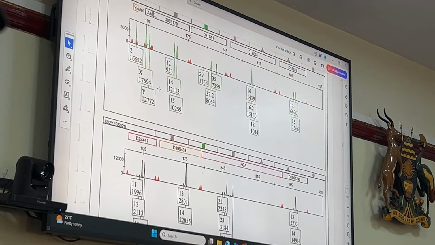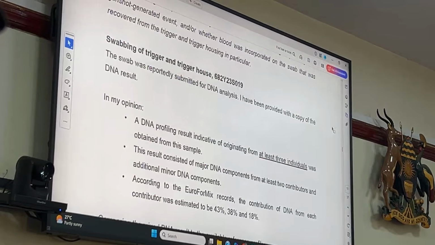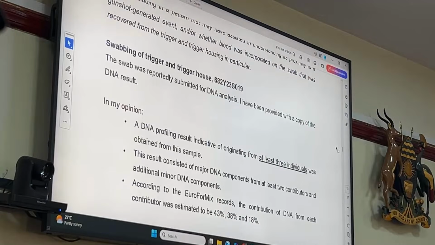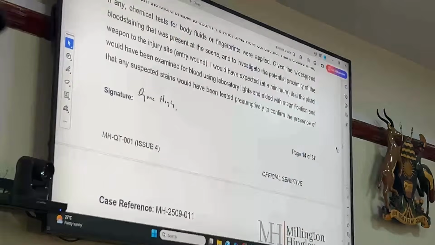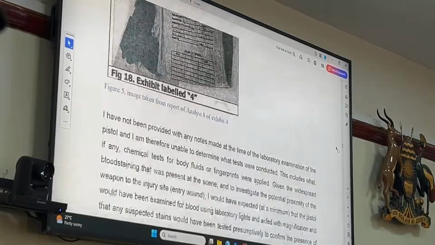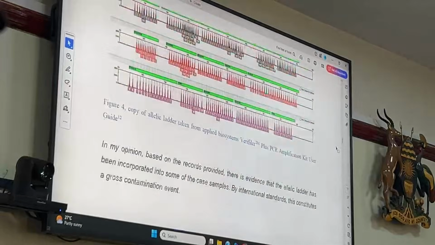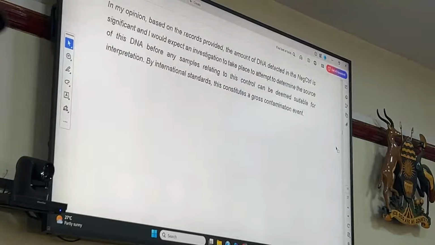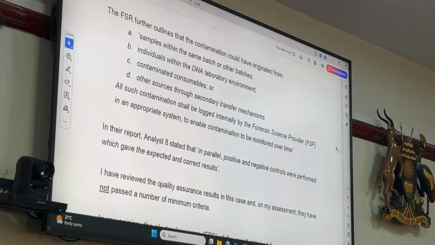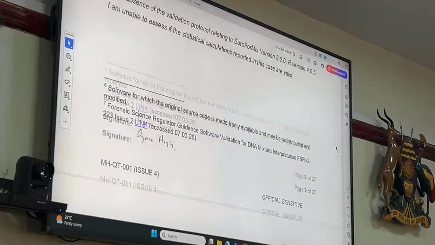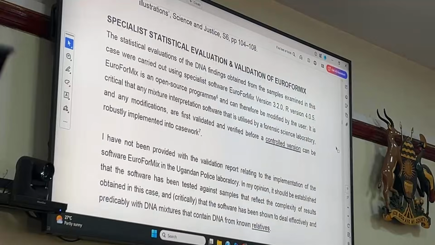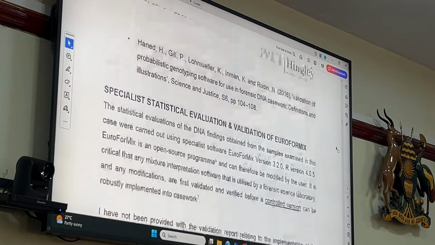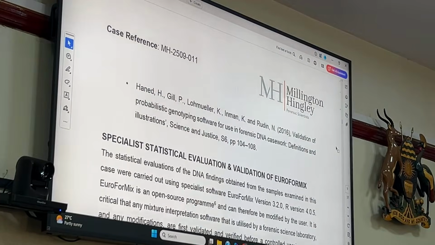I want you to very briefly go to your report and tell us what, if any, comments you make about the software that was relied upon. If you just start from above that so that we have a clear indication.